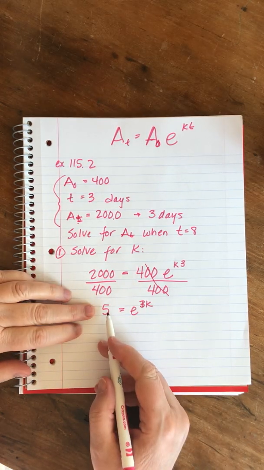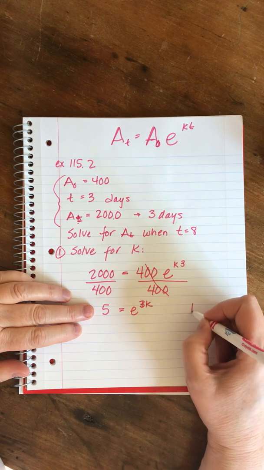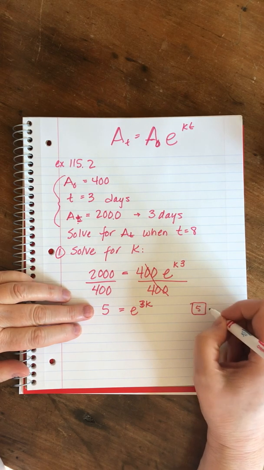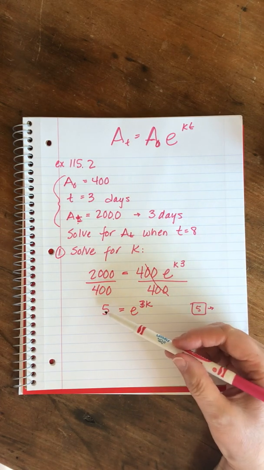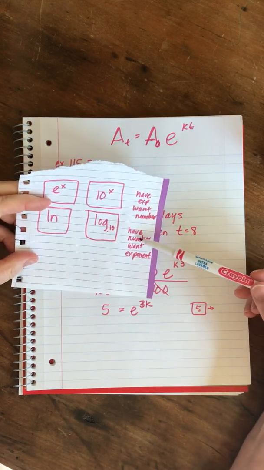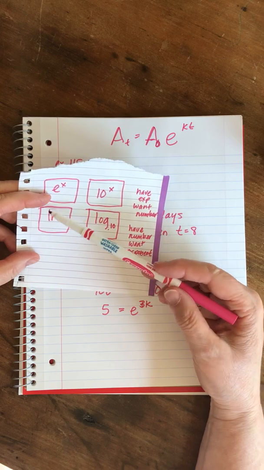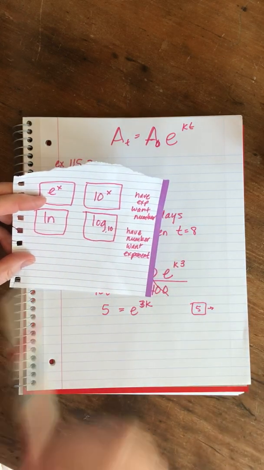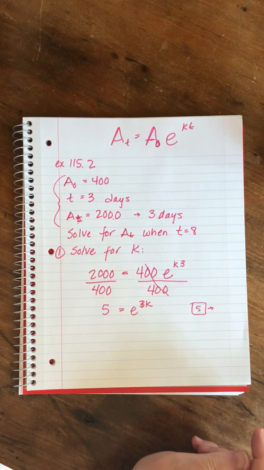So we go to our calculators, and we enter 5, and then which button do we want to pick? Let's see, we know the number and we know the base. We want the exponent. Ha, have the number, want the exponent. So we do this one, it's the natural log button, the ln. We bump that bad boy out, that 5 equals e.